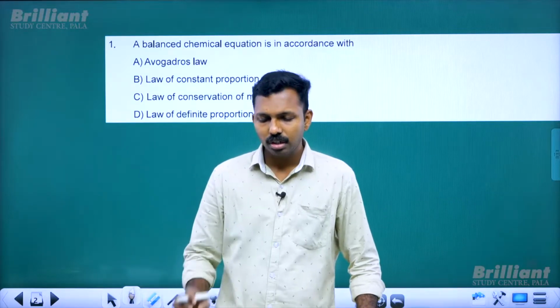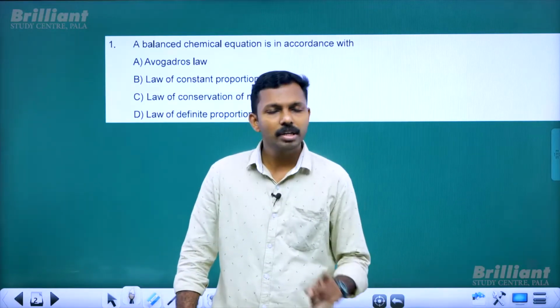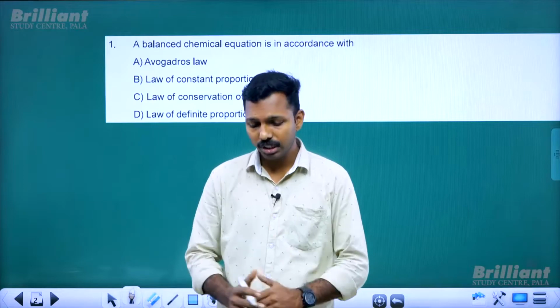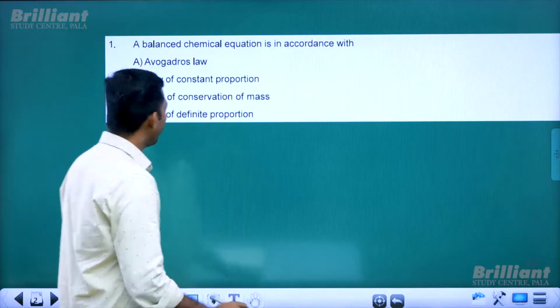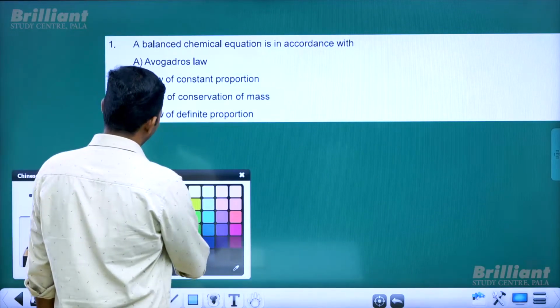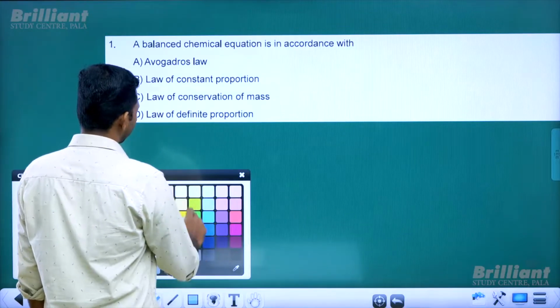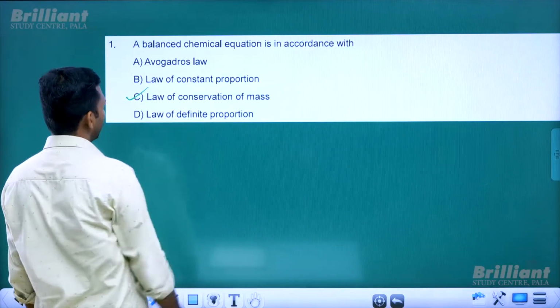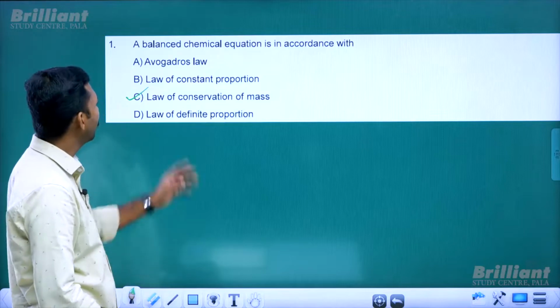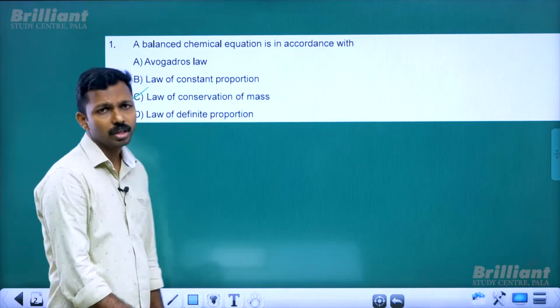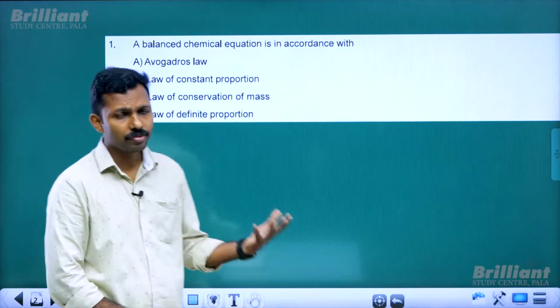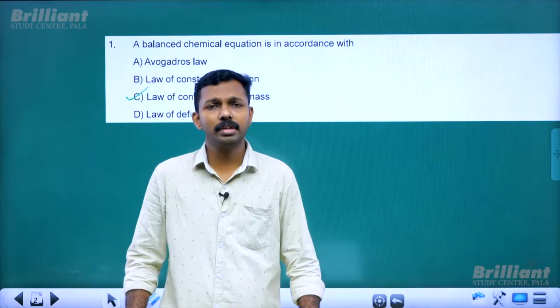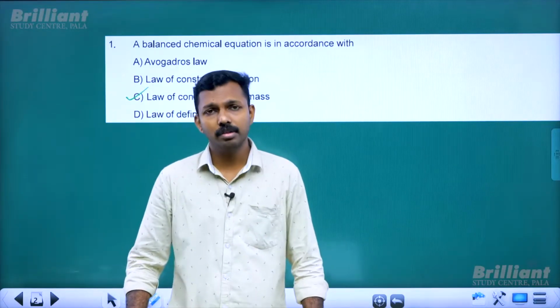Definitely a balanced chemical equation should be in accordance with the third option, that is, law of conservation of mass, right? This can be the answer option. We know Avogadro's law: equal volumes of all gases under similar conditions of temperature and pressure contain the same number of molecules.